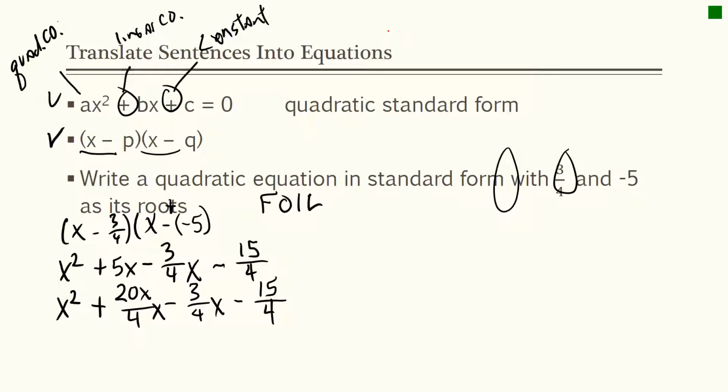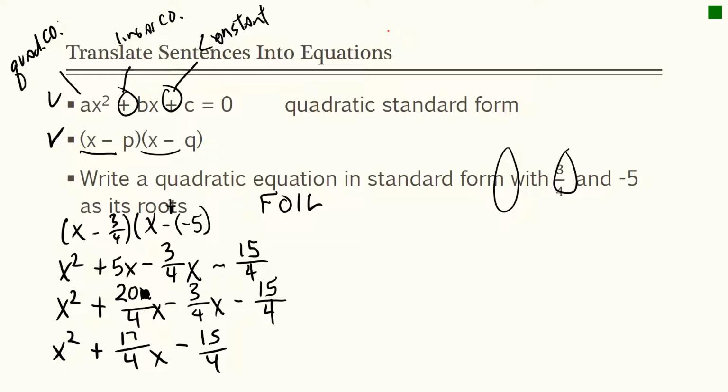And now we're going to combine the like terms. So I end up here with x squared plus 17/4x minus 15/4.